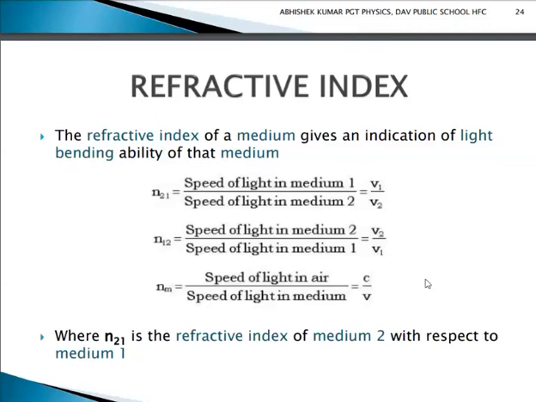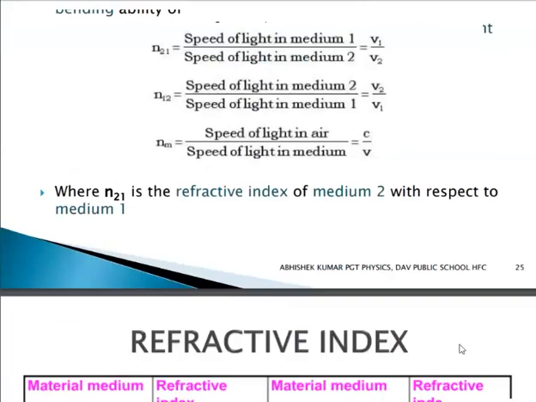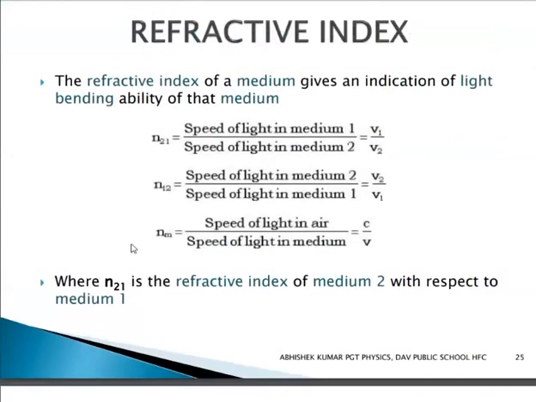So C upon V is defined as the absolute refractive index of any material medium. And here you see N21 is the refractive index of medium 2 with respect to medium 1, and N12 is the refractive index of medium 1 with respect to medium 2.